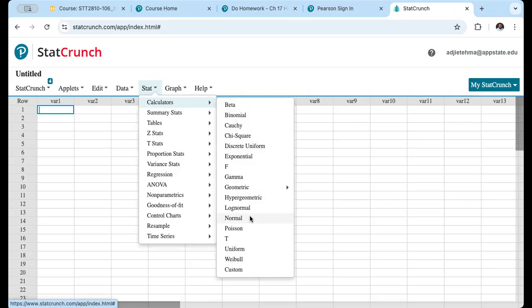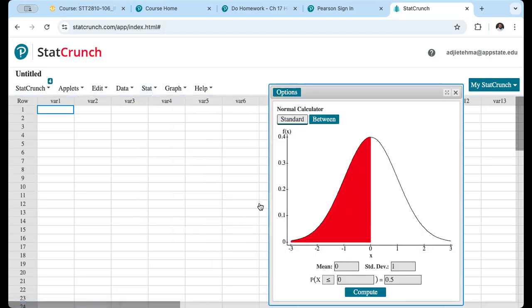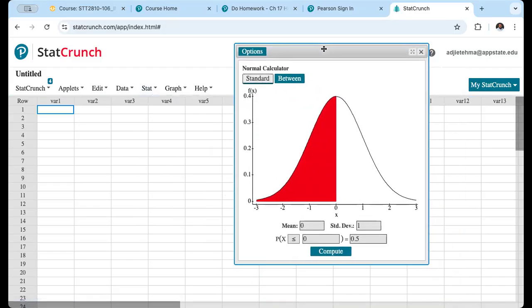Is that okay? So we go to Stats, Calculators, Normal. We click on this here. What is the mean of the sample mean?